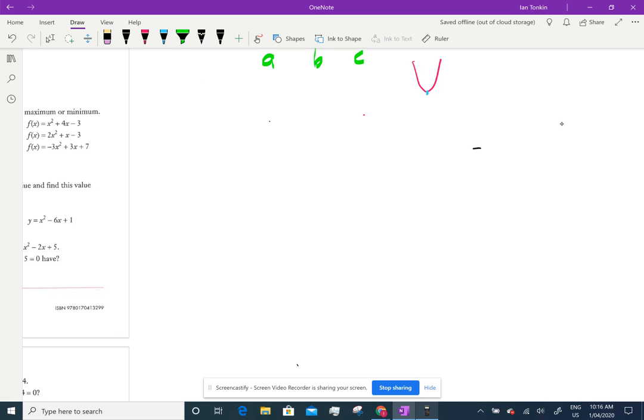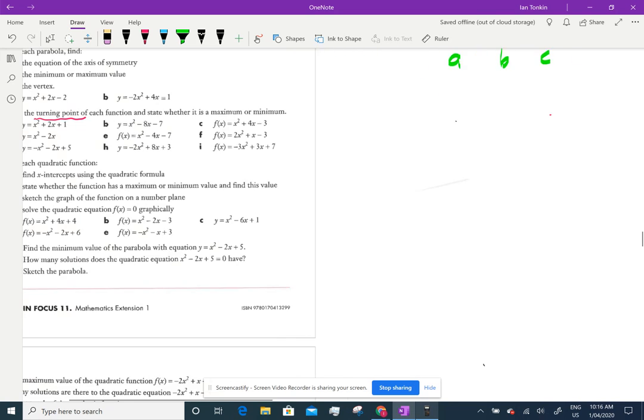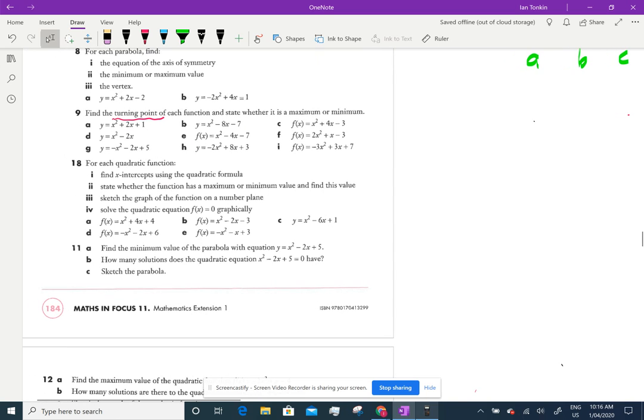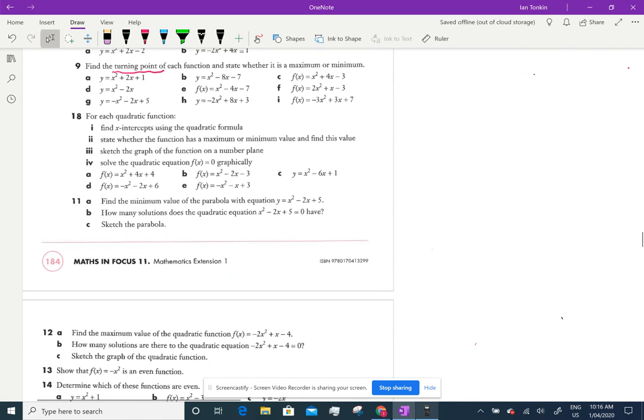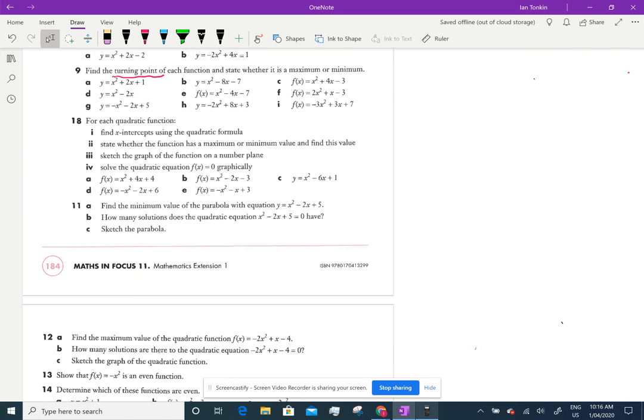So now in question 10, they ask us, and it says 18 there, but it's 10, to find the x-intercepts using the quadratic formula, and to find the maximum or minimum and find that value, and then sketch a graph.